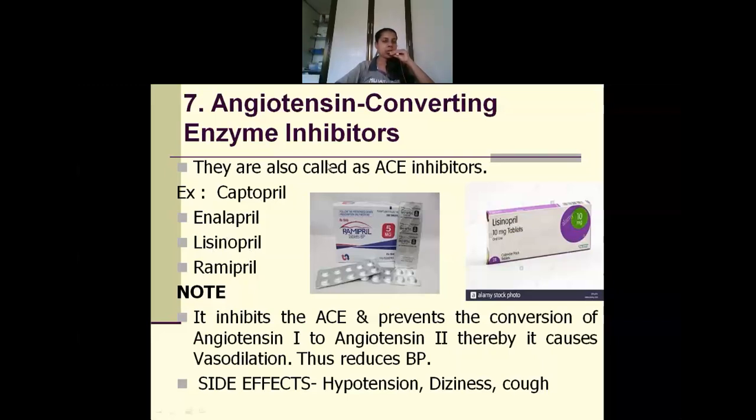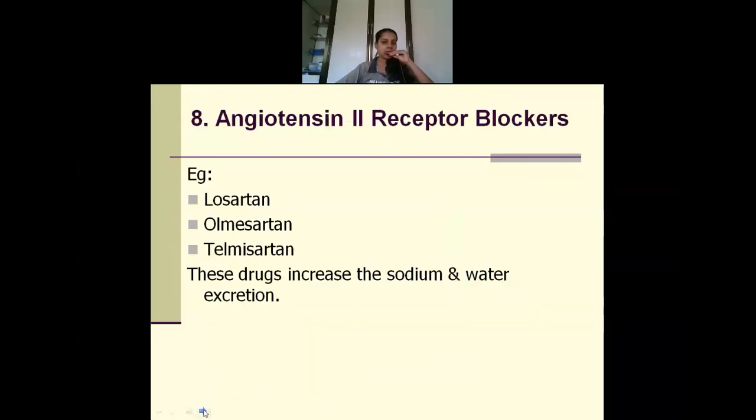These ACE inhibitors will inhibit the conversion of angiotensin 1 to angiotensin 2. I told you when I was discussing the pathophysiology, isn't it? So what happens if angiotensin 1 is not converted to angiotensin 2? It will reduce the blood pressure. Side effects are it may result in hypotension, dizziness or giddiness and cough.